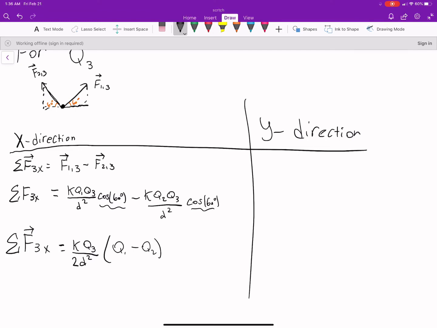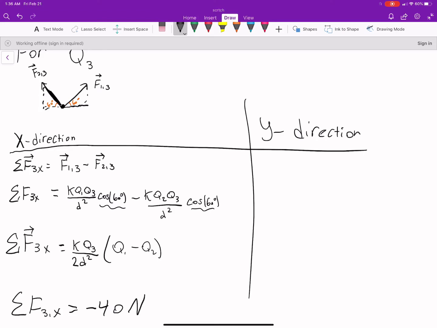This is negative 40 newtons. Which makes sense. Just conceptually, we know the charge on 2 is stronger, so it's going to repel further, so it should be negative. Right?